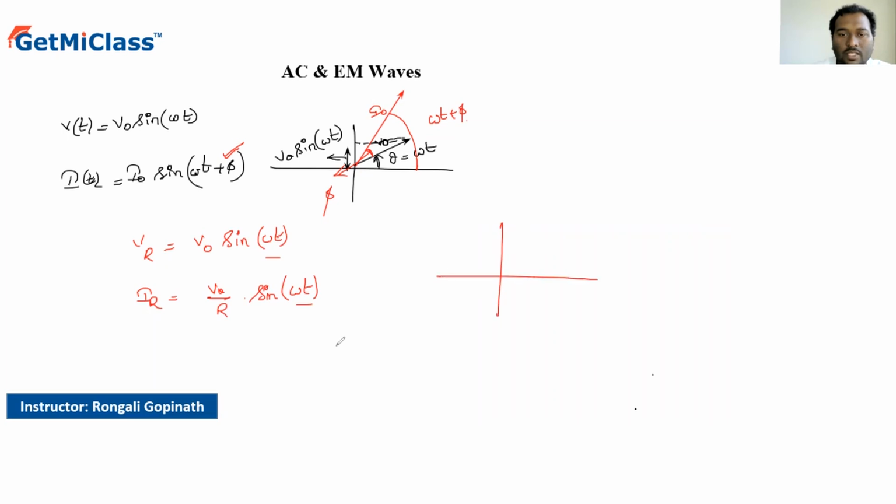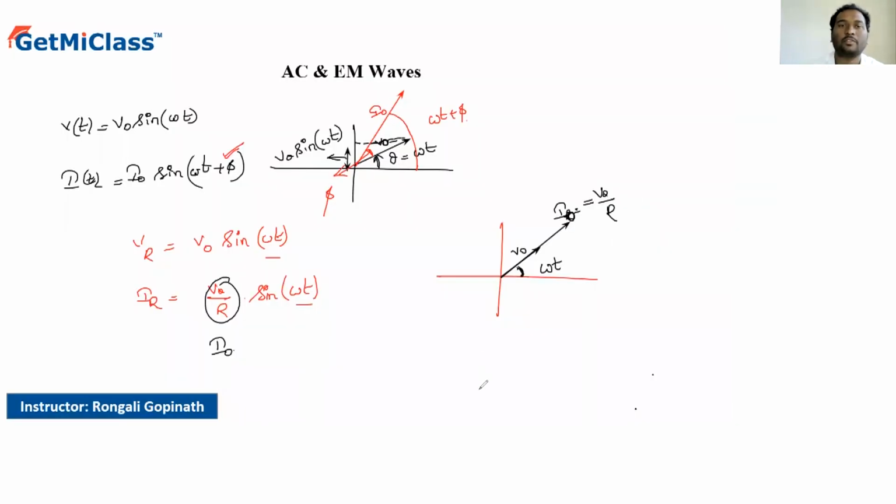So when we draw the phasor diagram, it would be somewhat like this: two phasors having the same angle omega t, where one of them is V naught and the other is I naught, the amplitude of current. I naught is nothing but V naught by R. Right?